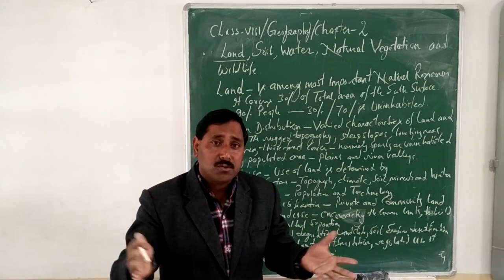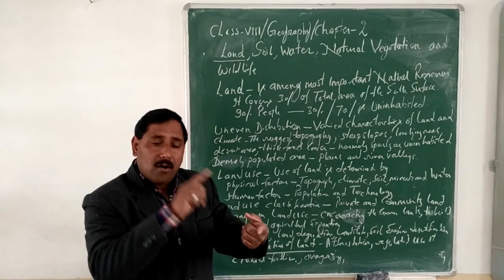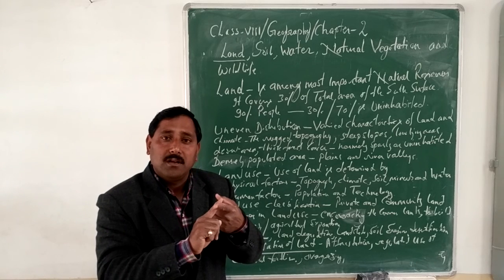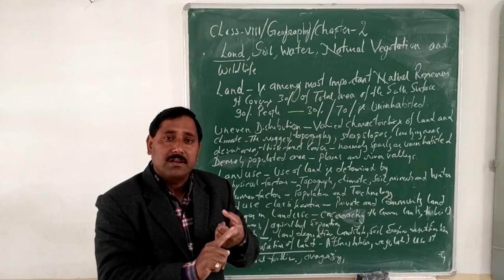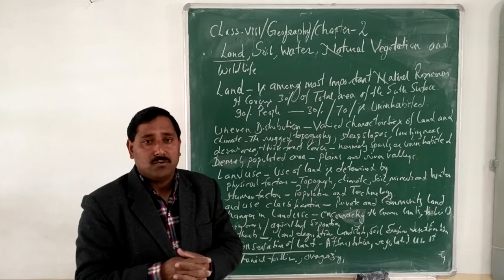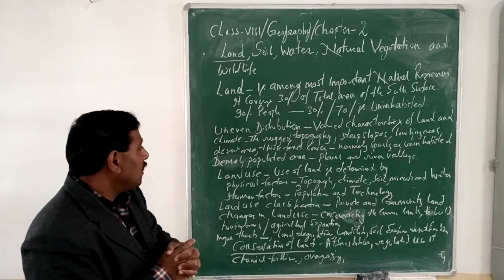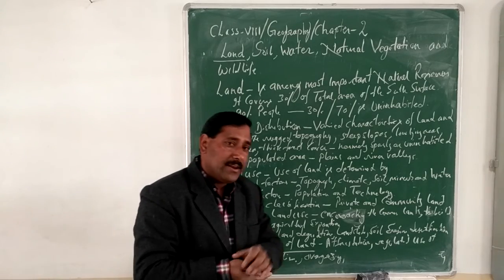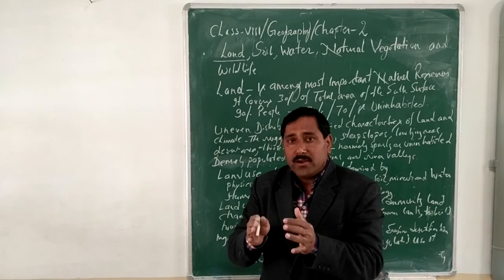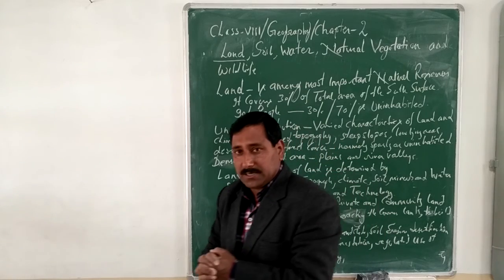And what is this use? This use is for agriculture, for construction activities, building of roads, industries. All this is land use. And this land use is also determined by various factors. We'll discuss on this. Land use also differs from place to place.